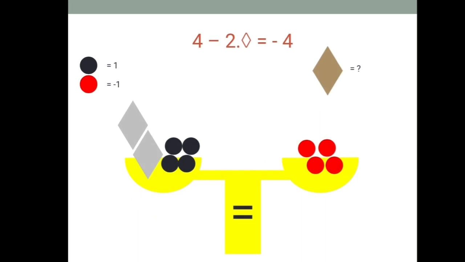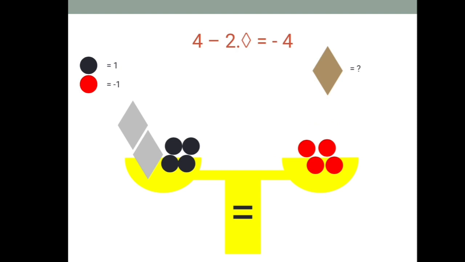Then after this, what is our goal? What are our goals, children? Yes, we are looking for the value of rhombus. This rhombus or that rhombus? Yes, we have to find the value of that rhombus. So you must remember, we have to make this scale become rhombus equal to something like this.